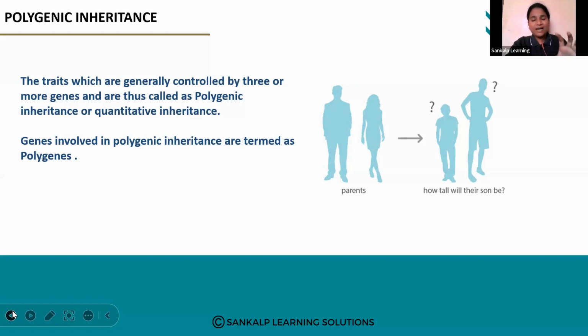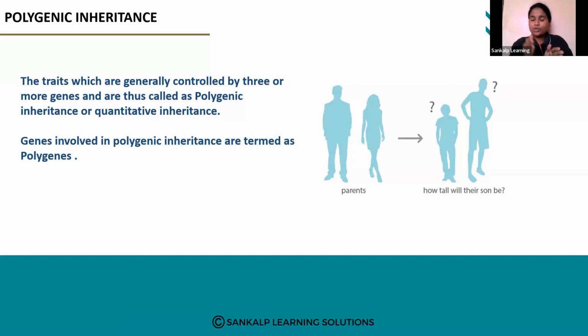Okay. So by considering all these, one more concept came into light, that is, the traits which are generally controlled by 3 or more genes. So illi namma Mendel or prakara ಒಂದು ಕ್ಯಾರೆಕ್ಟರ್ 2 genes ಇಂದ ಮಾತ್ರ ಕಂಟ್ರೋಲ್ ಆಗ್ತಾ ಇತ್ತು.